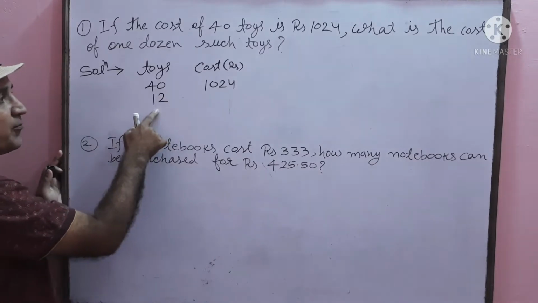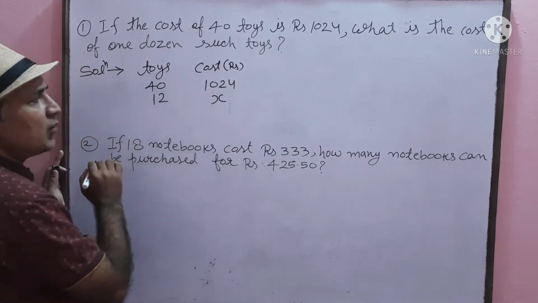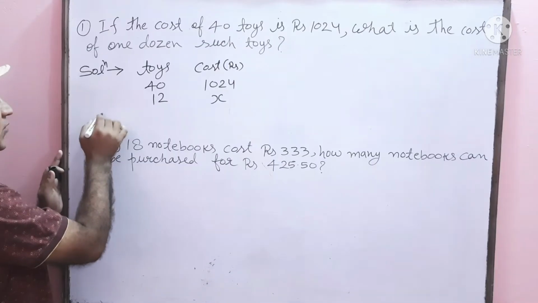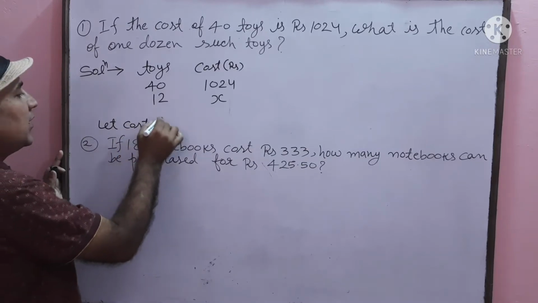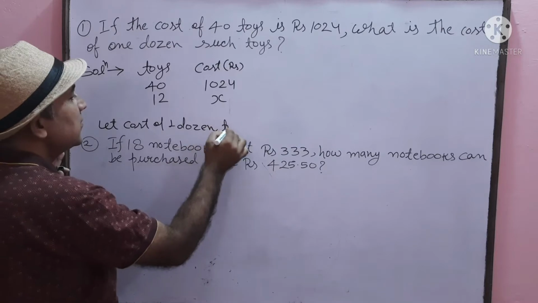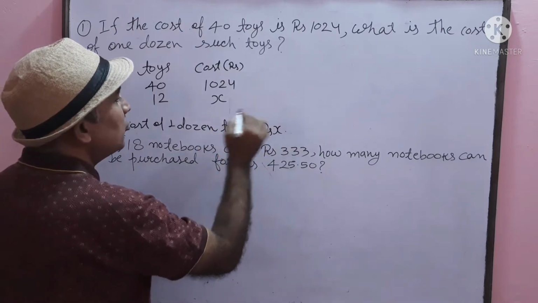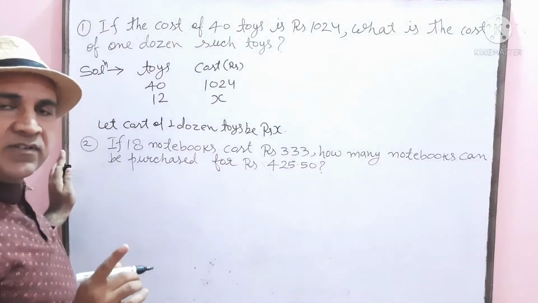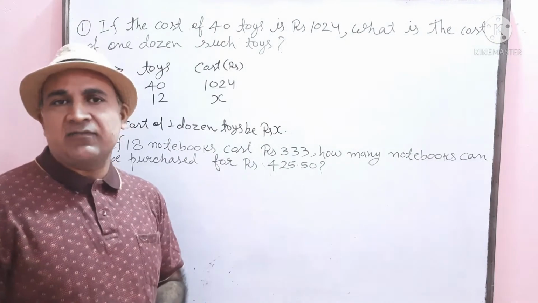What is the cost of 12 toys? So suppose children, cost of the toys be X rupees. What will be your statement? Let cost of 1 dozen toys be rupees X.